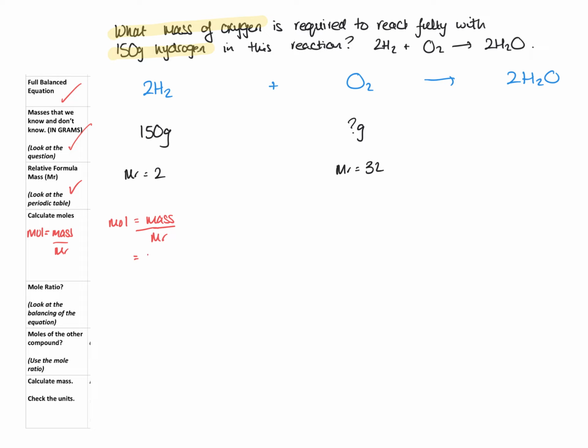So that is 150 divided by 2, which means, let's get rid of that because that's going to drop down into our next box, and I don't want to do that. Okay, so that's equal to 75 moles. So we know the moles of hydrogen, which is great.